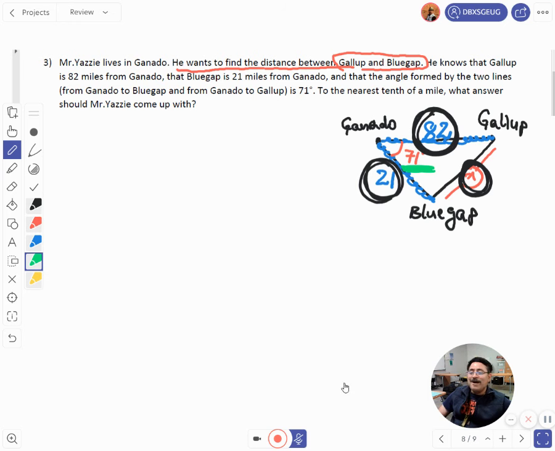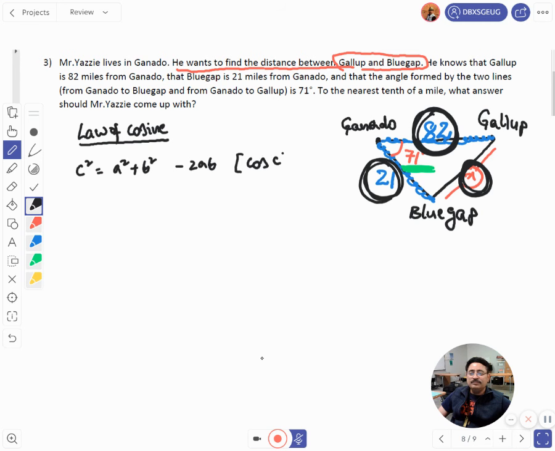So the rule is cosine. So what is the law of cosines? Actually, earlier I left one question in the middle because these are all similar kind. So let me write that c squared equals a squared plus b squared minus 2ab times cos C. So which one to take as A, which as B, and which as C?